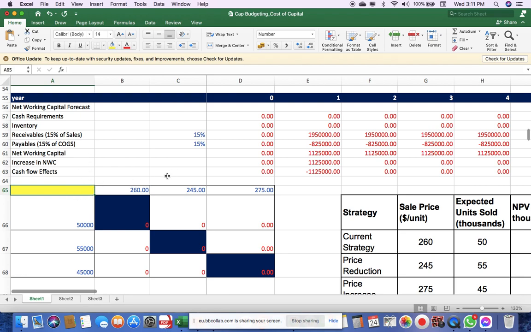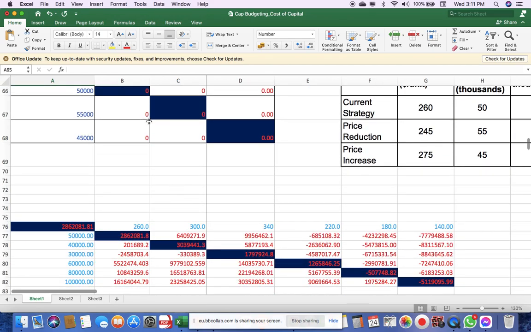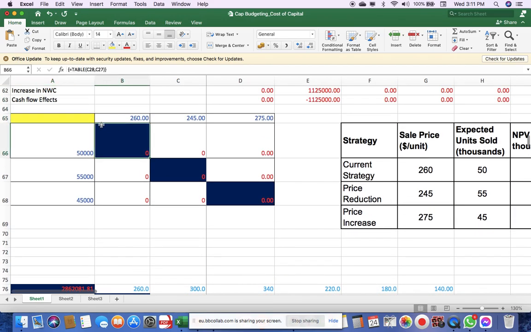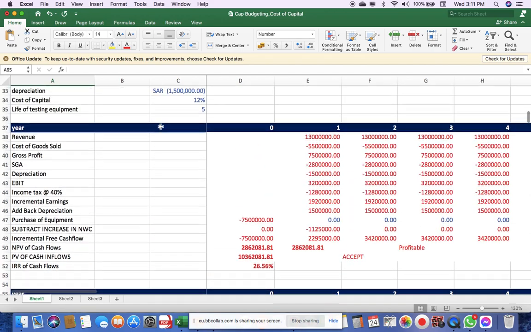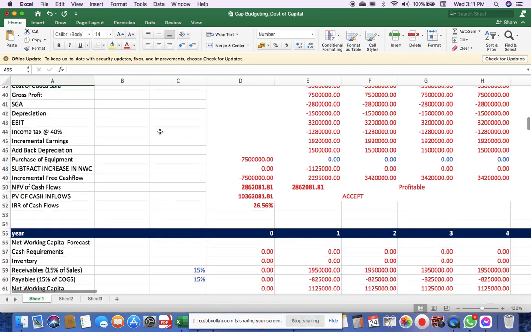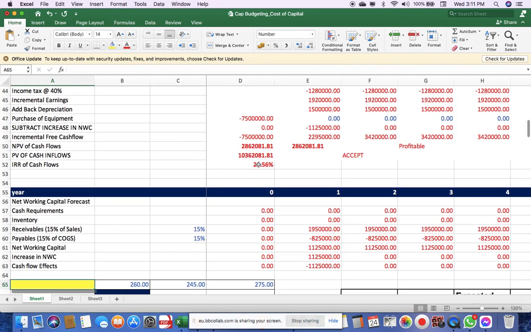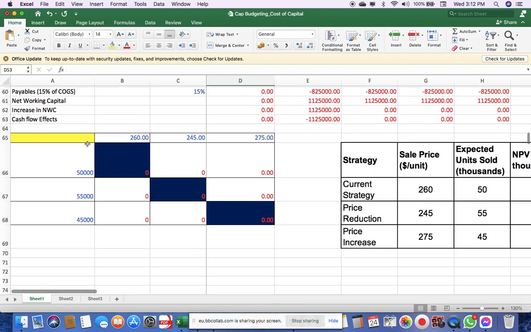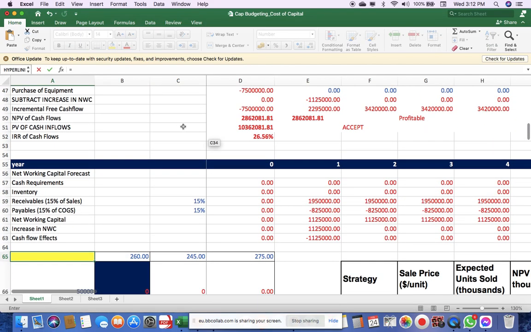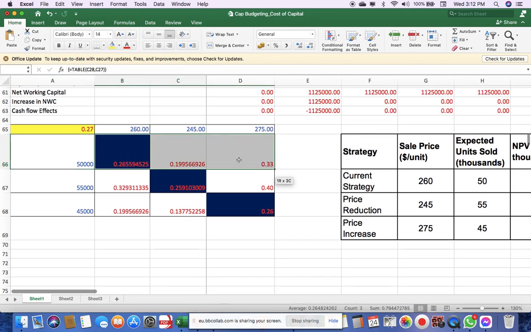Once I delete, the data table becomes 0 now. What I will put here is the IRR. We have calculated IRR here. This is equal to IRR. Enter. You see now, all percentages I calculate here.